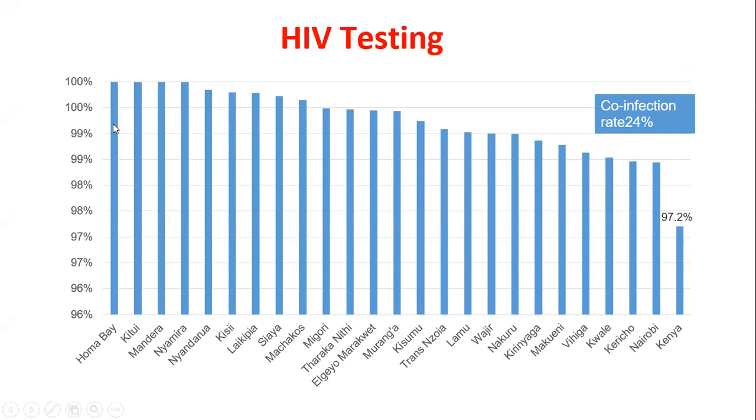For example, Homa Bay is posting more than 97%, while the lowest, Nairobi, is posting about 96%. So the country is testing about 97%. We are almost at the target, testing almost everybody. So the co-infection rate is at 24% as of 2021.